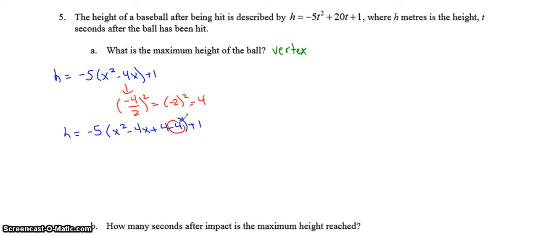So that -4 is going to have to come out of the bracket and it's going to have to multiply by -5 because that's what's on the outside of the bracket. So -4 times -5 is 20.